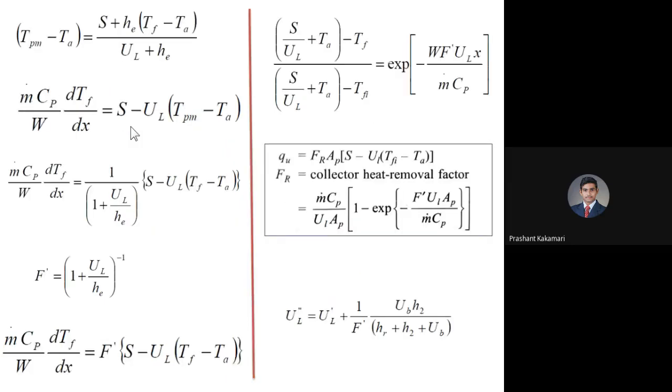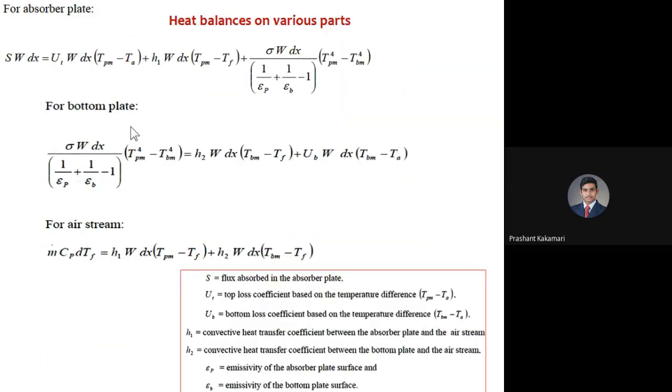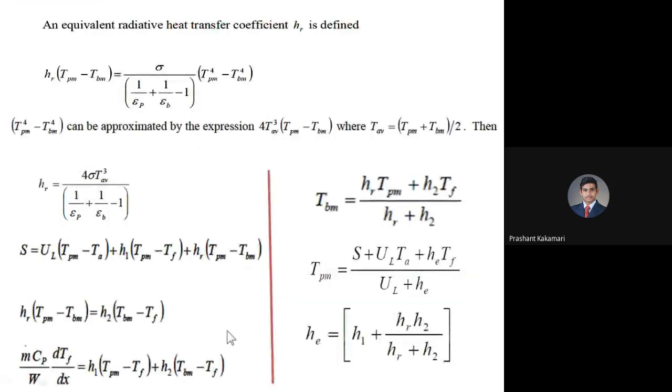That HR is what we have defined in the earlier steps. For what purpose have we taken HR? For the replacement of the radiative heat transfer. Whatever radiative heat transfer is there, in this case we have replaced it with the effective or equivalent convective heat transfer coefficient, that is HR.